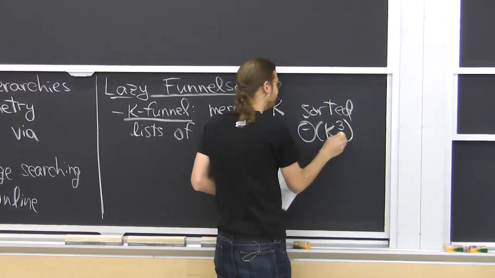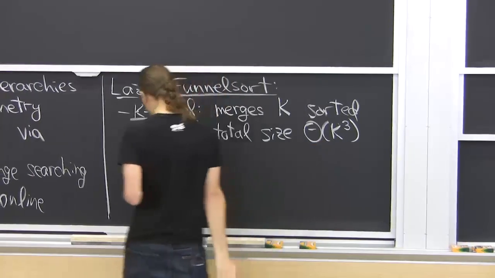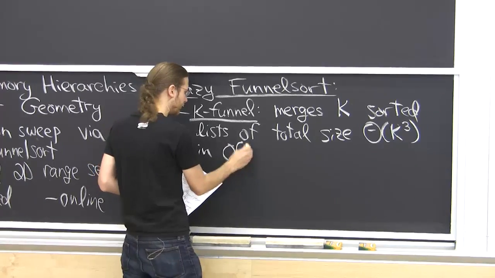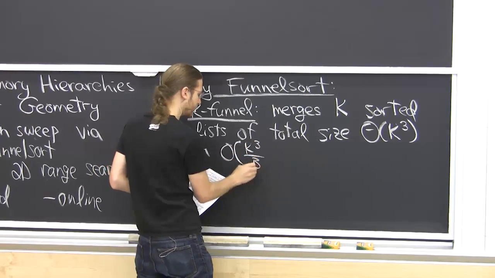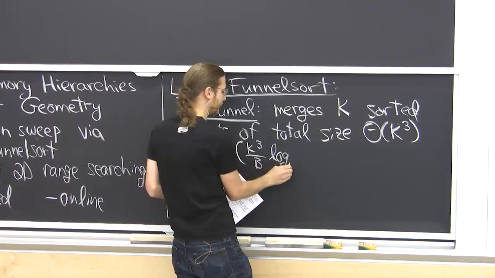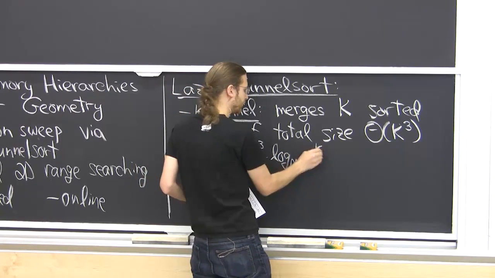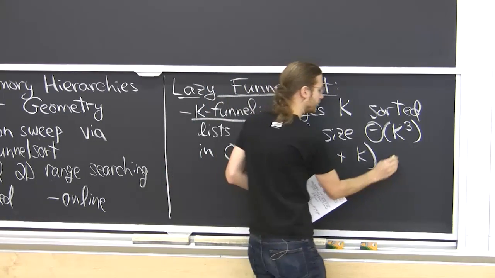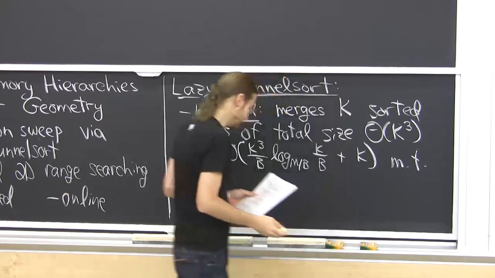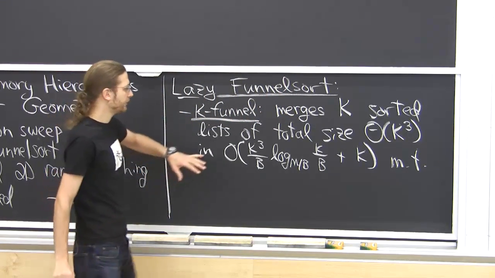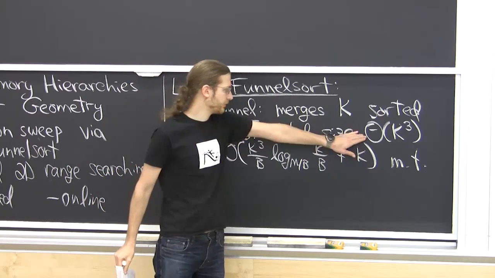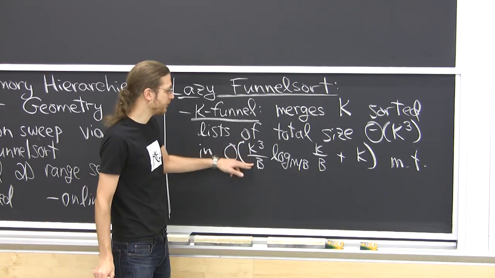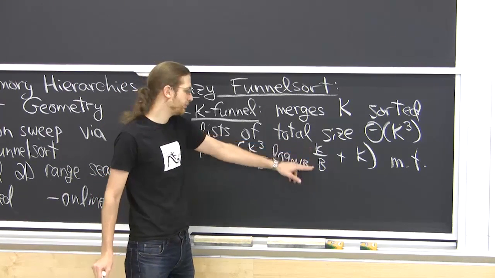So if you have k sorted lists that are big, of total size k cubed, then you can merge them in basically the optimal bound. So with a k-funnel, k sorted lists, total size k cubed, the number of memory transfers to merge them is (k^3/b) times log base m/b of (k^3/b).